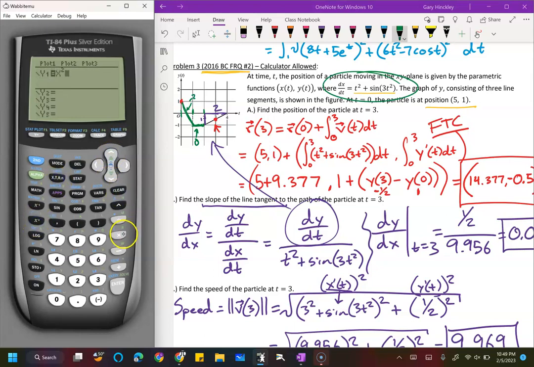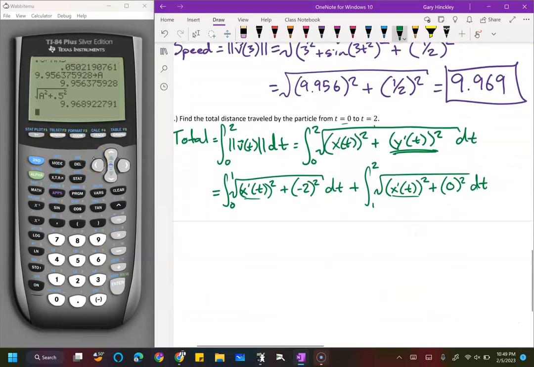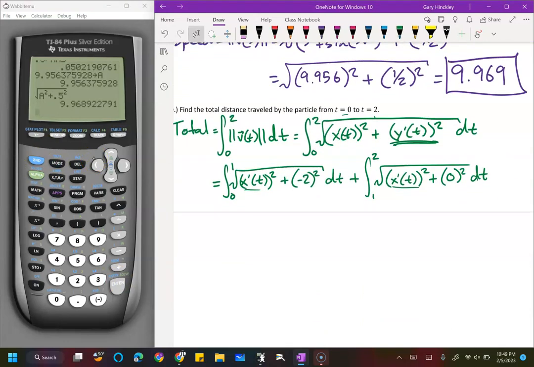So x squared plus sine of 3x squared, right? That's what I have. Okay, so that's y1. All right, so let's go back down here and plug everything in.